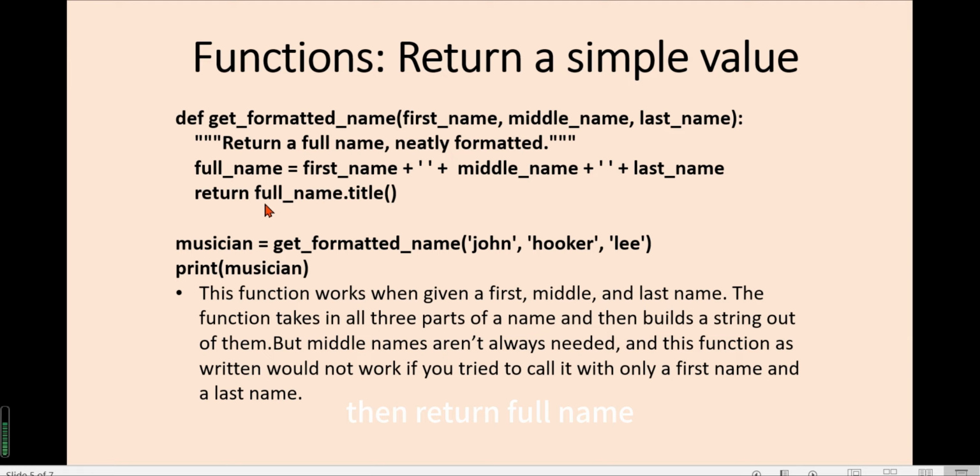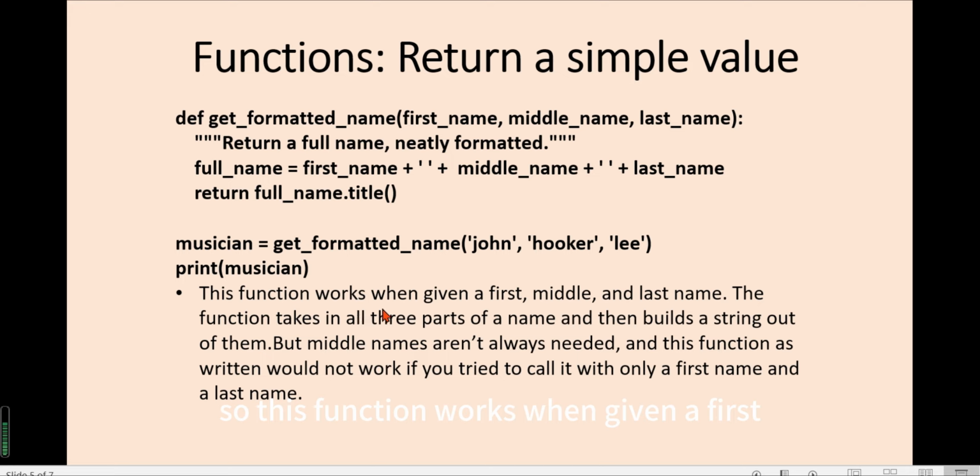Then return full name to the place where the function is being called. So musician here is now the return value of the function being called with three input arguments for first name, middle name, and last name. So musician is John Hooker Lee here.